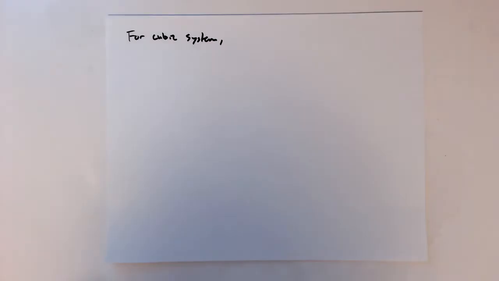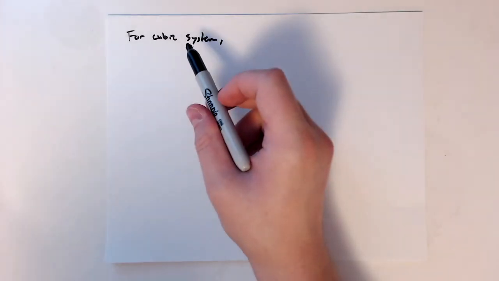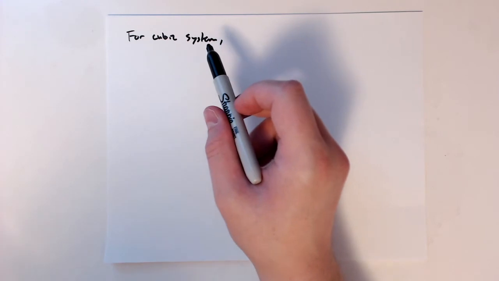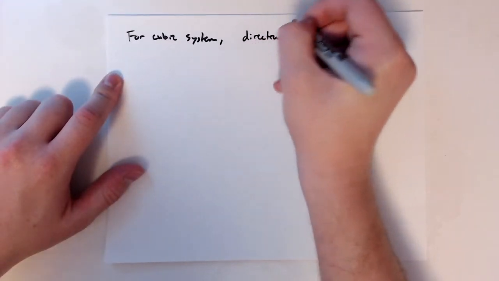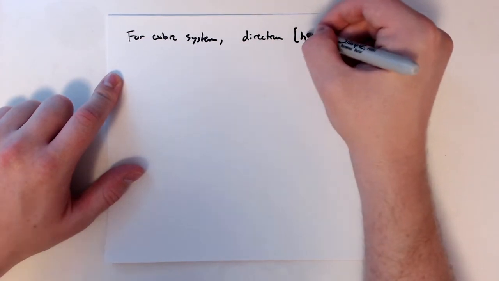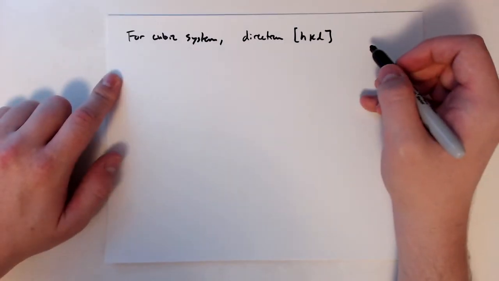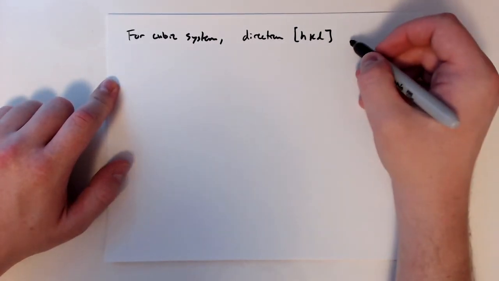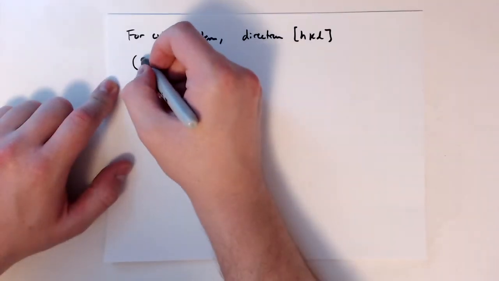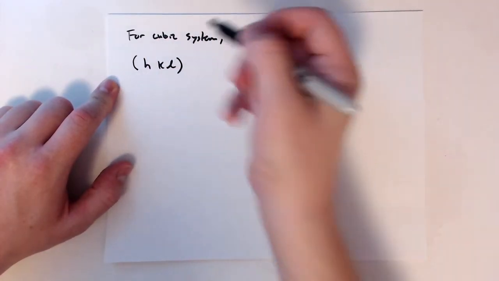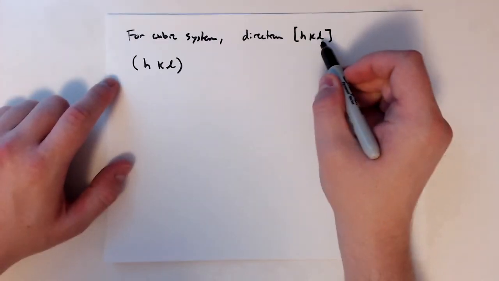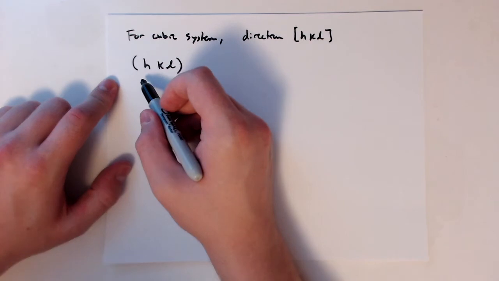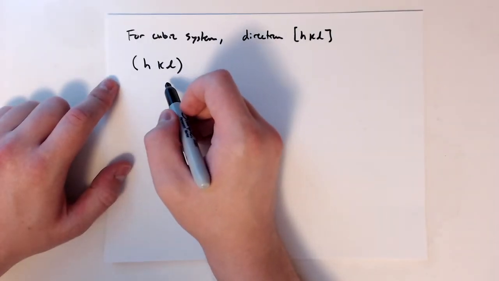All right, another note I want to bring up is for the cubic system. This doesn't apply to the other systems, but let's say I have a direction, and again, square brackets here, HKL, right? And I want to look at a plane with the same indices. So I have a direction with the indices HKL, and a plane with those same indices HKL.